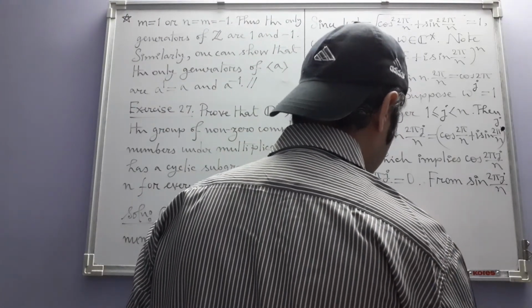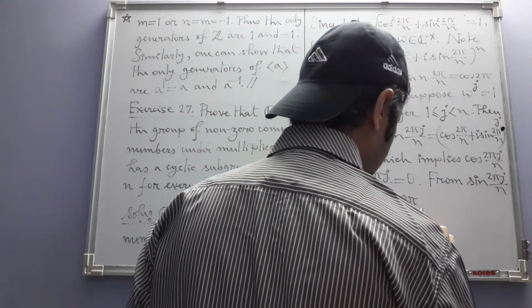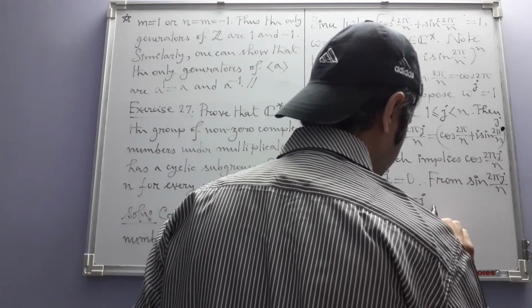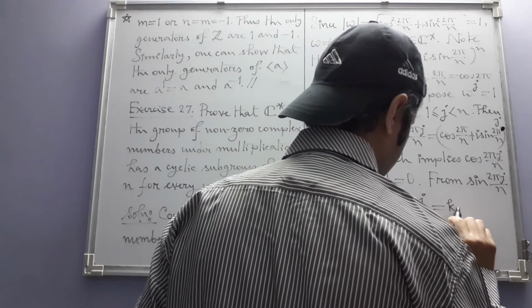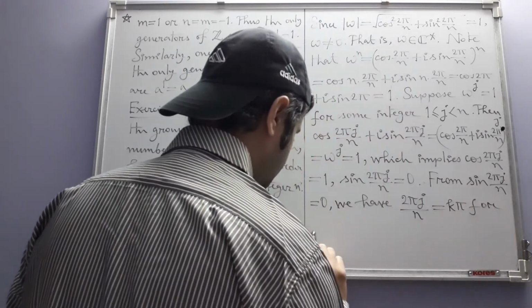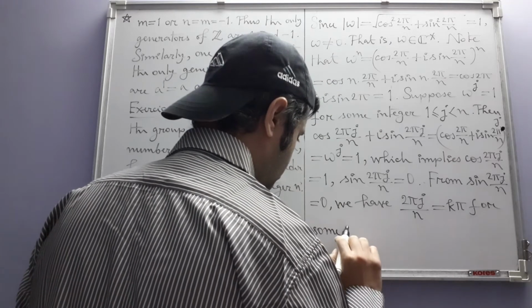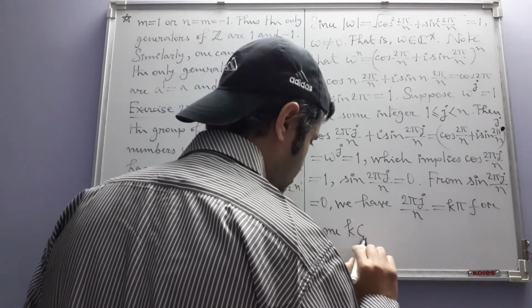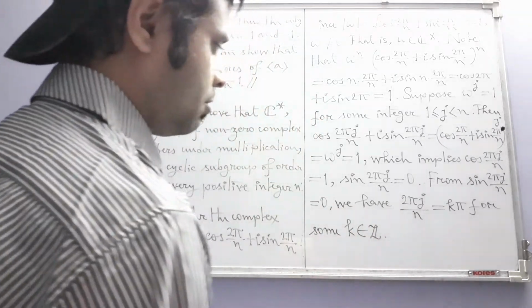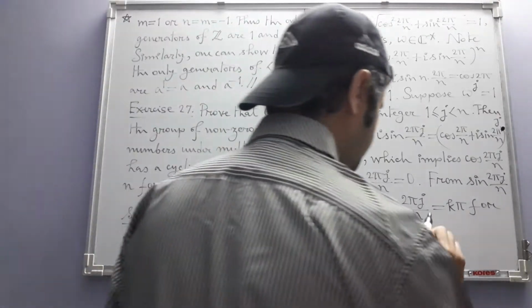So from that we have 2 pi j divided by n equal to k pi for some integer k. Now what do we get from this?